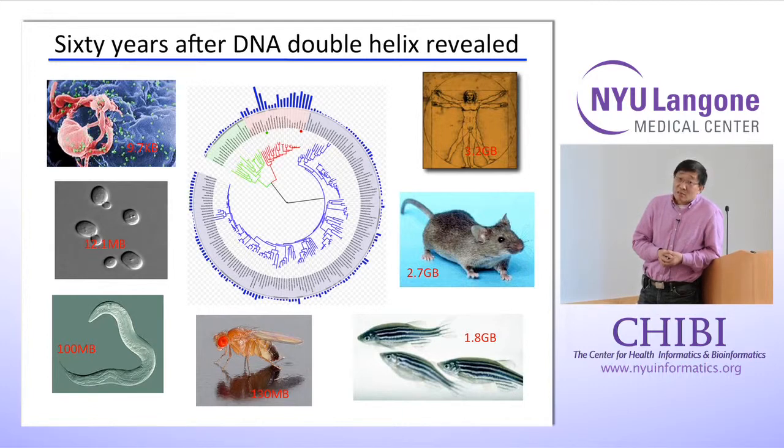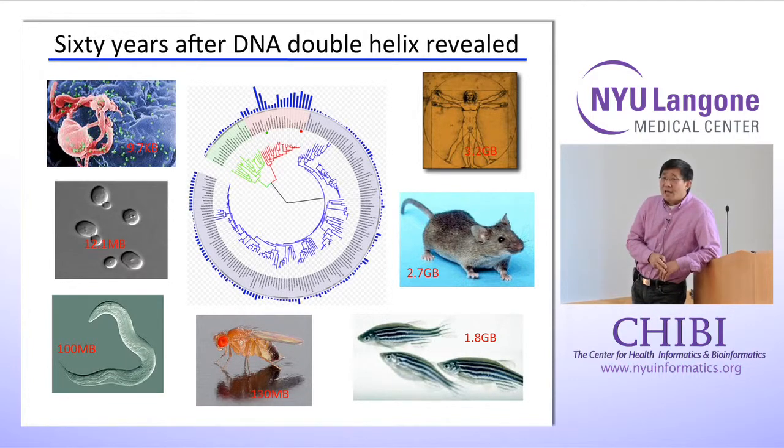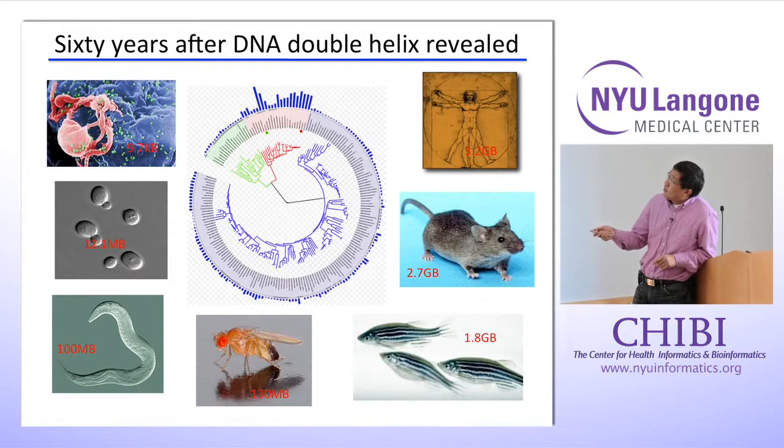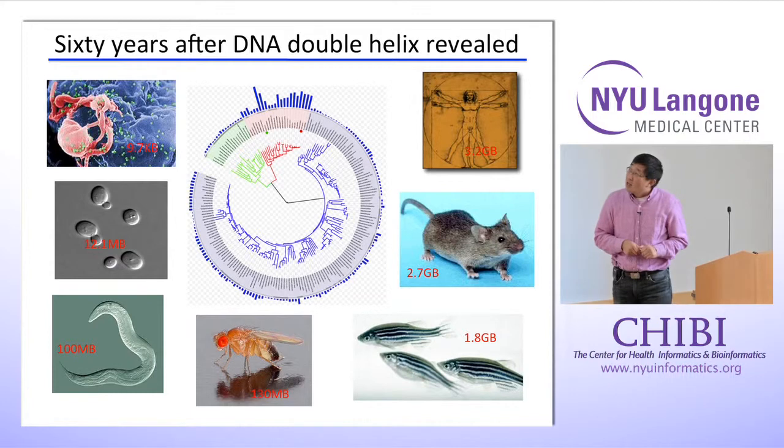This system has produced at least six Nobel Prize winners, as far as I know. Next one is the fly. Fly is used for neurobiology and behavior studies. And you see fish being used as a cancer model, then mouse, and of course, human beings, that's us.